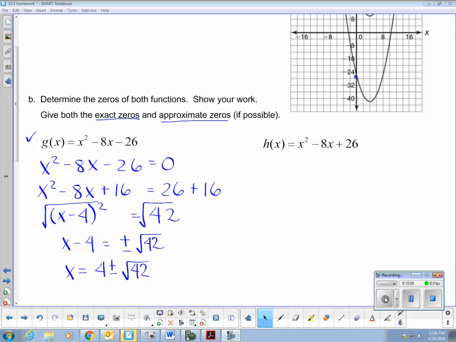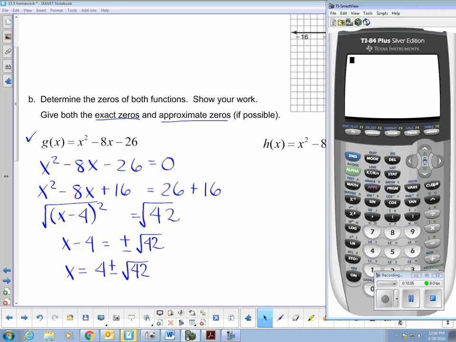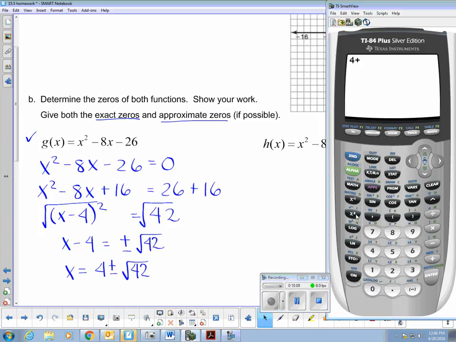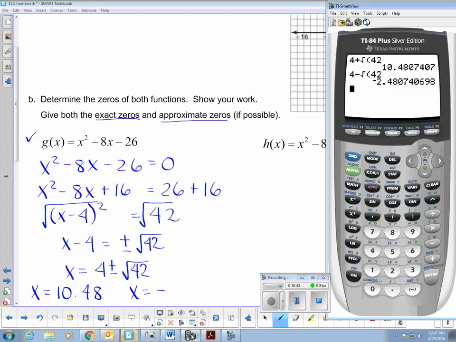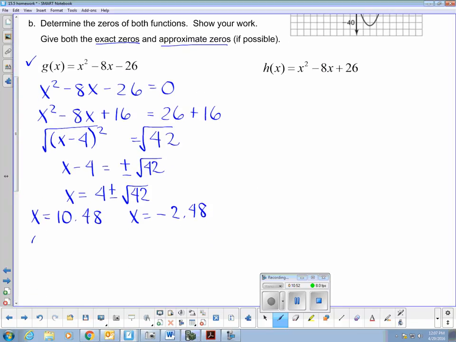To approximate those, my first zero is 10.48 comma 0, and my second is negative 2.48 comma 0.